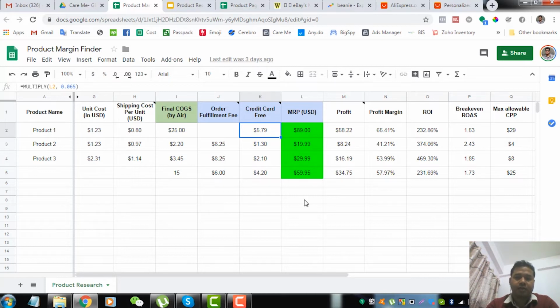Now let's do an example pricing strategy. Let's say we are buying a product for $15. From my initial discussion, obviously the product's perceived MRP should be higher. So let's say we price this product at $40. Now let's see what happens.